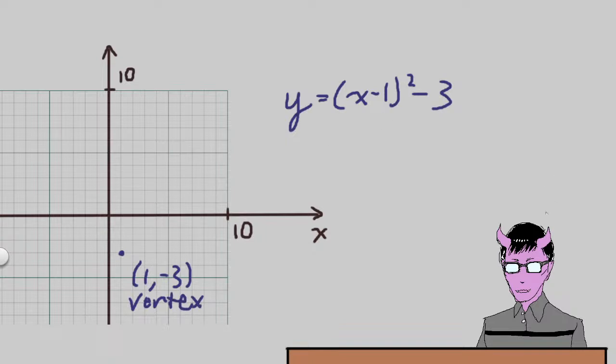And then, of course, your graph is going to follow typical parent movement. And by that, I mean it's a 1-to-1 movement: 2 spaces to the right, 4 spaces up, 3 spaces to the right, 9 spaces up. Connect the dots as smoothly as possible.